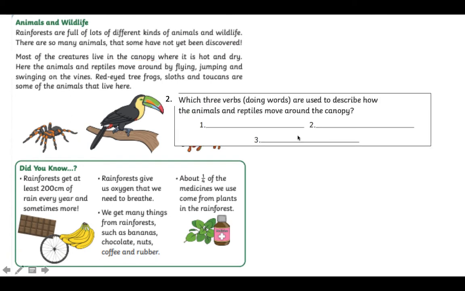Question number 2. Which 3 verbs, okay, so doing words, are used to describe how the animals and reptiles move around the canopy? Okay, so let's just find where that part is for you. So we're talking about how the animals and reptiles move around the canopy. So here it says the animals and reptiles move around by, okay, and I want you to find the 3 doing words, the verbs that describe it, okay?